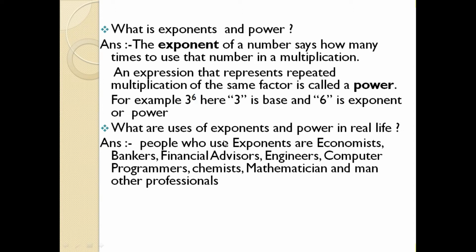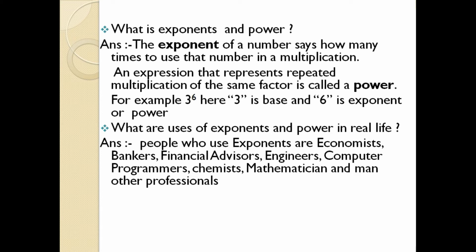What are the uses of exponents and power in real life? People who use exponents are economists, bankers, financial advisors, engineers, computer programmers, chemists, mathematicians, and many other professionals. Like in chemistry, when you write chemical equations, there you write H2O or Al2O3. H2O is water.